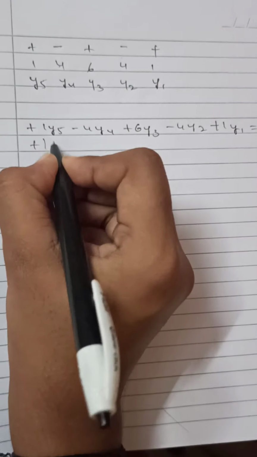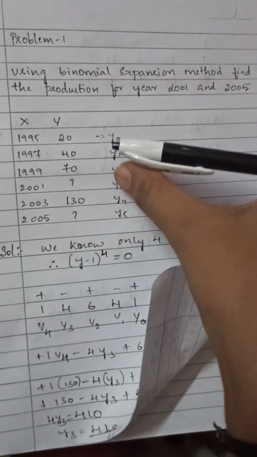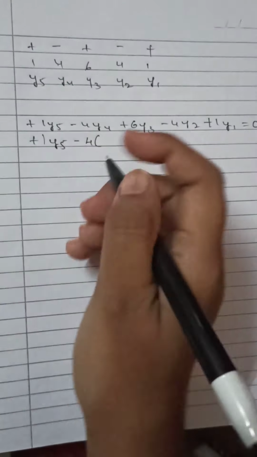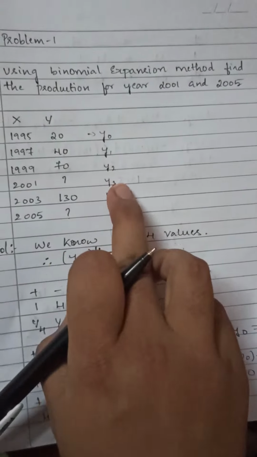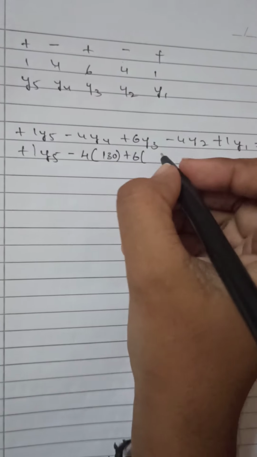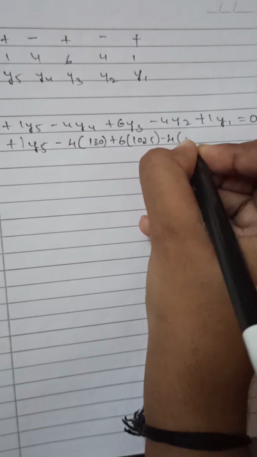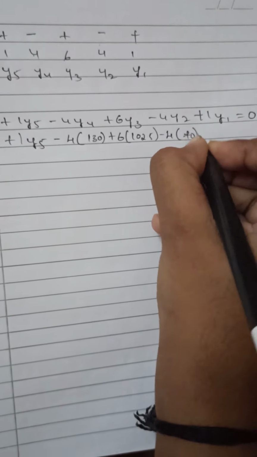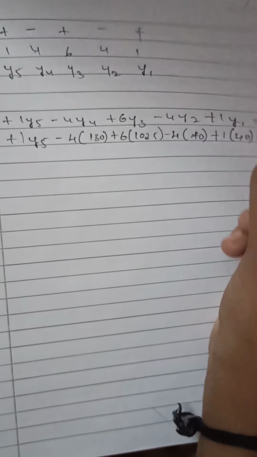So plus 1 y5, we don't know the y5 value, minus 4 into the y4 value, which is 130, plus 6 into the y3 value we found out, that is 102.5. Then the y2 value, 70, they have given, and the y1 value, 40, they have given, equals 0.